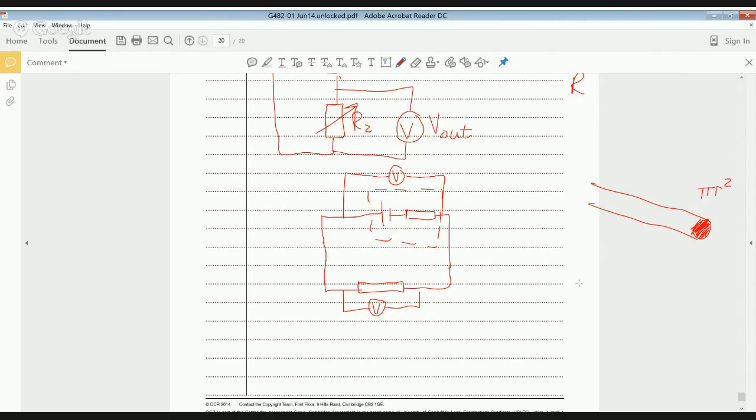For a rectangular cross section, something like you had earlier in this paper, let's say the current is flowing along the wire that way and out of this side. That is our length, the length of our conductor.